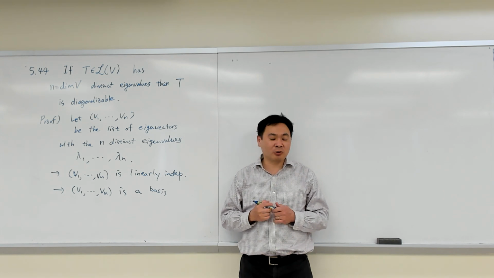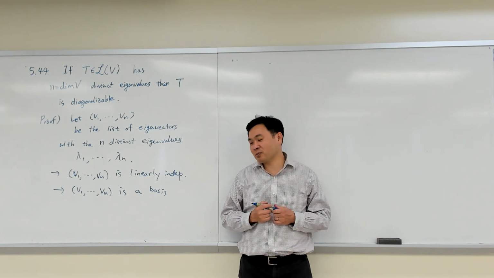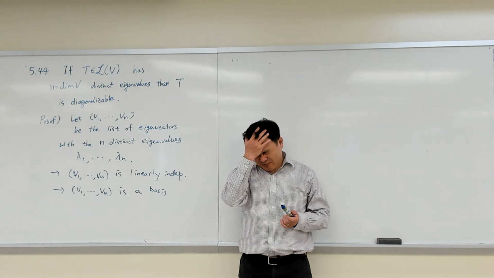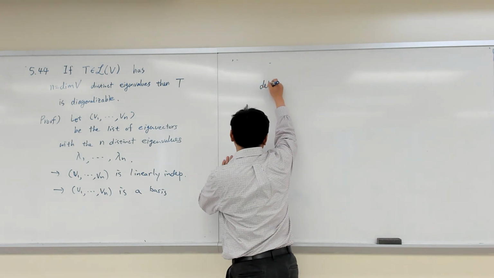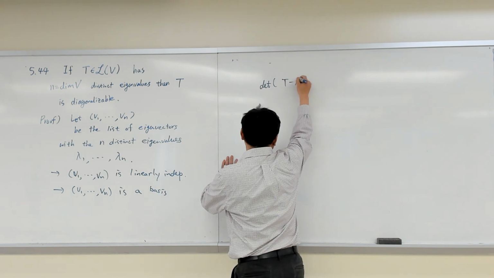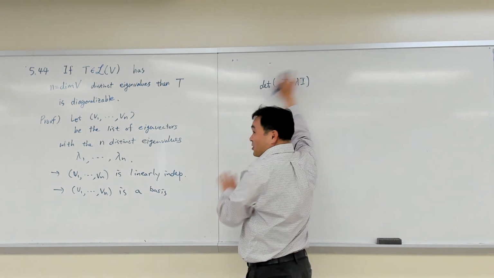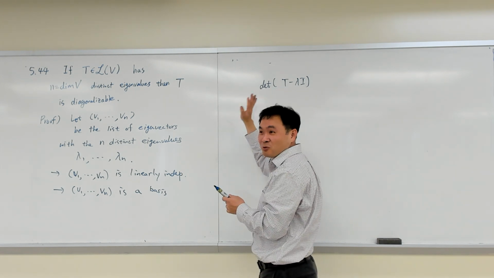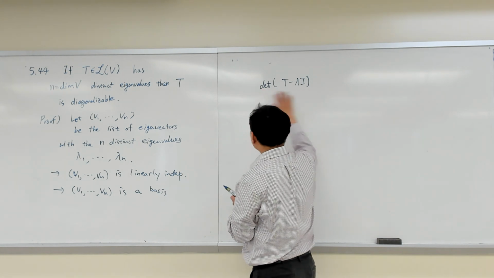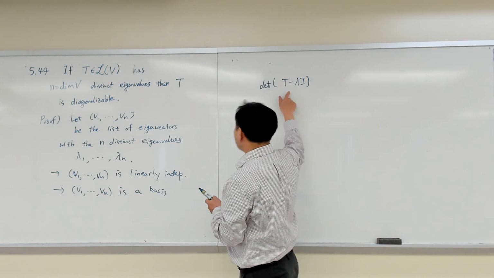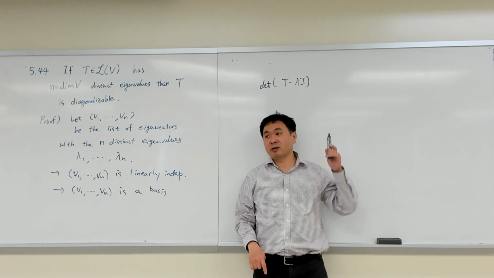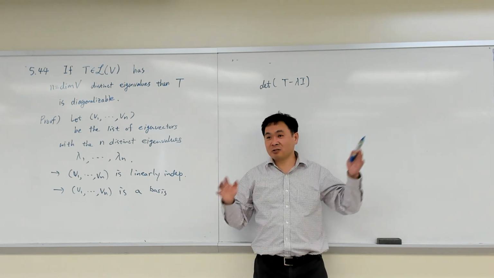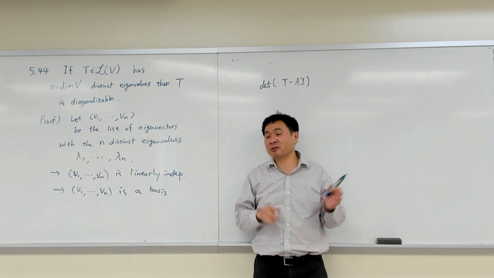So this is what's known as an open condition. Let me say it like this: if you did the determinant of T minus lambda I, which is not something that the book wants you to know, but this is how you get the eigenvalues, right? And this is a polynomial of degree n, where T is an n by n matrix, okay?